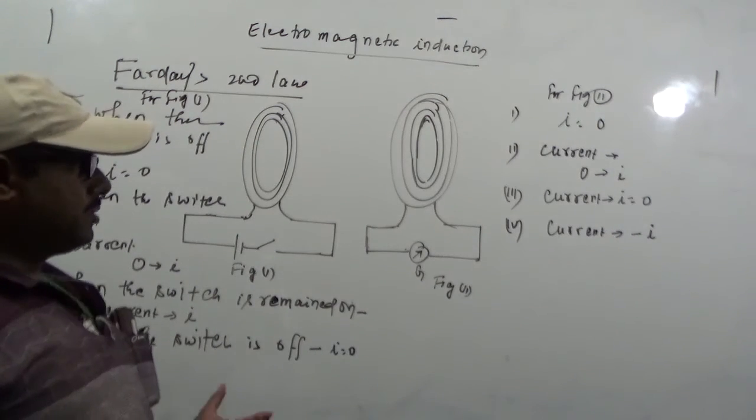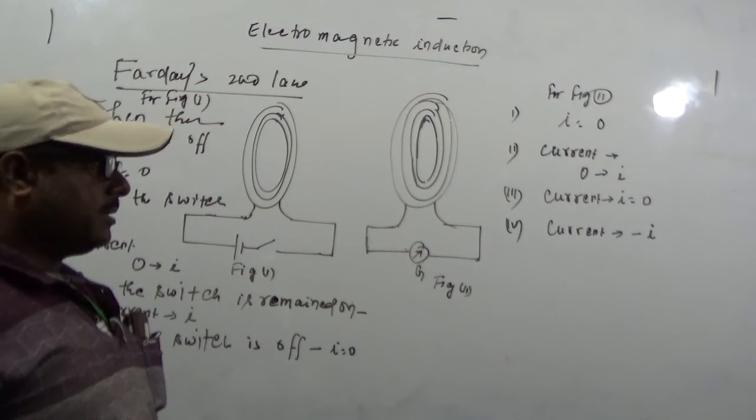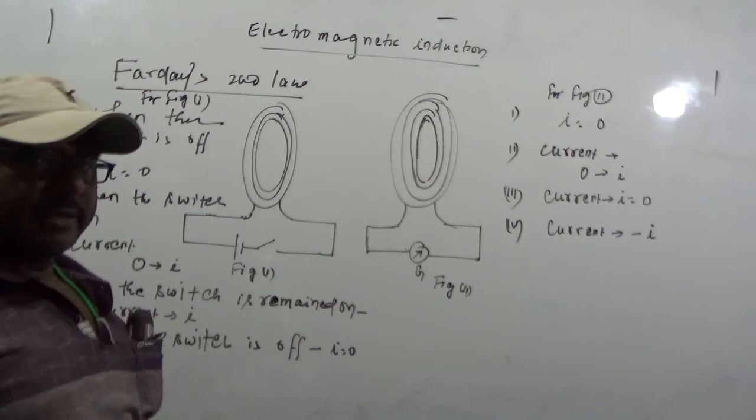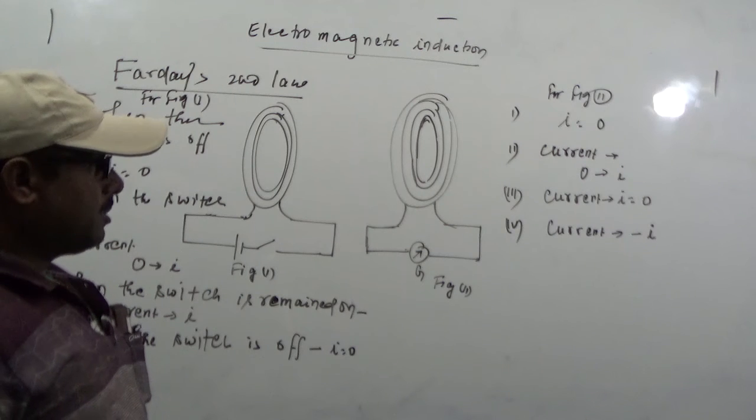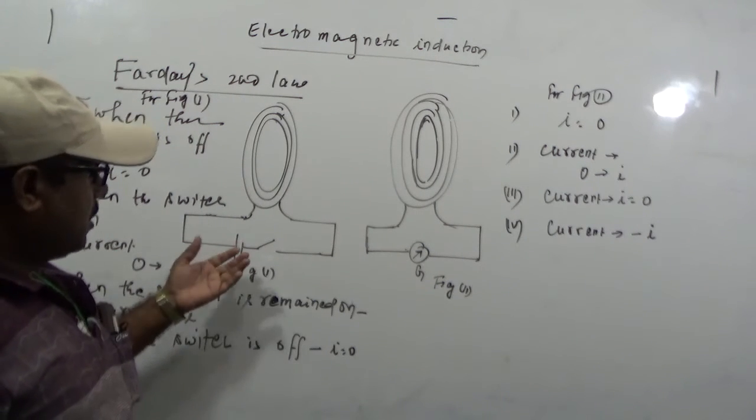Switch is off, but there is a current I, but it is minus I. See here what happens. Why does it happen?